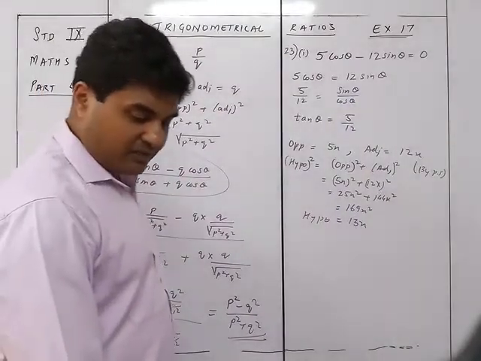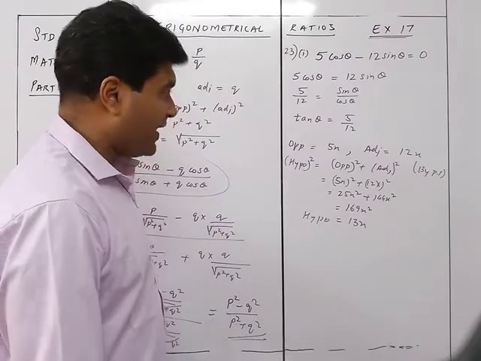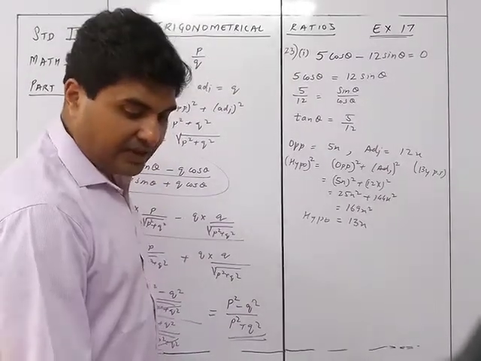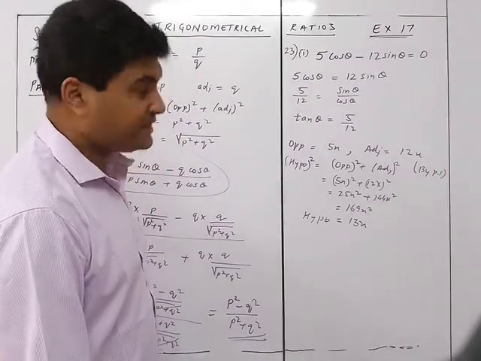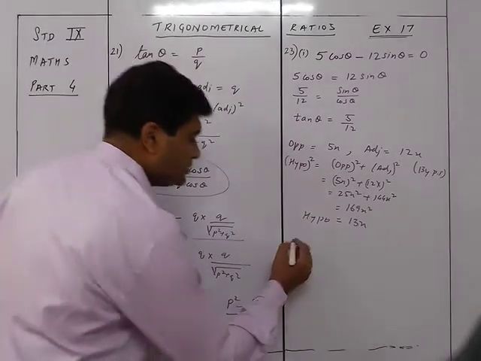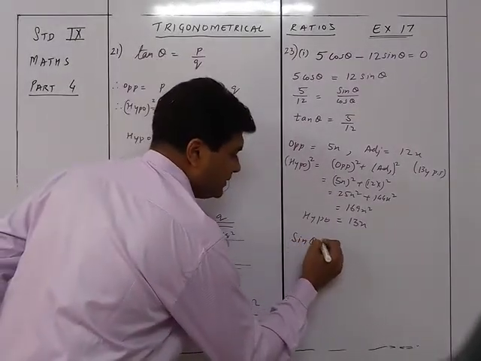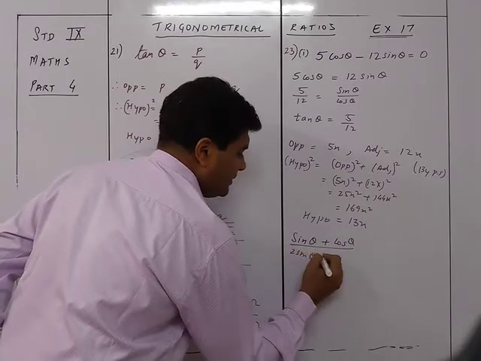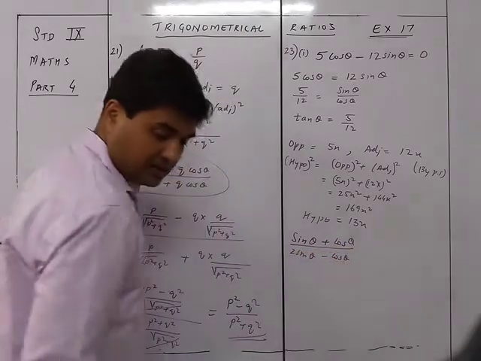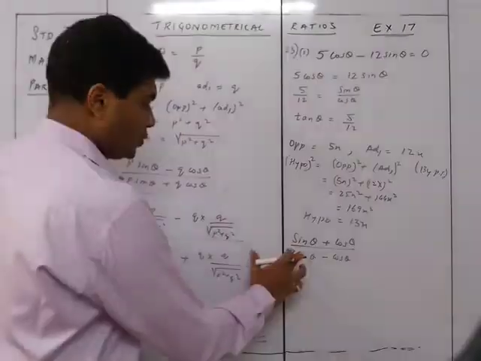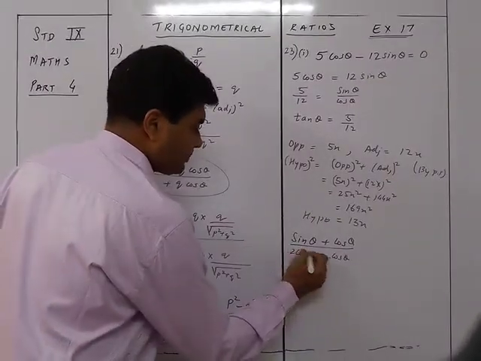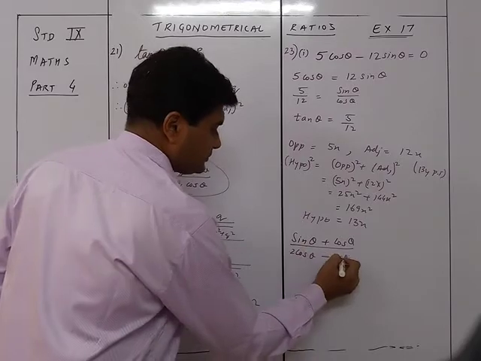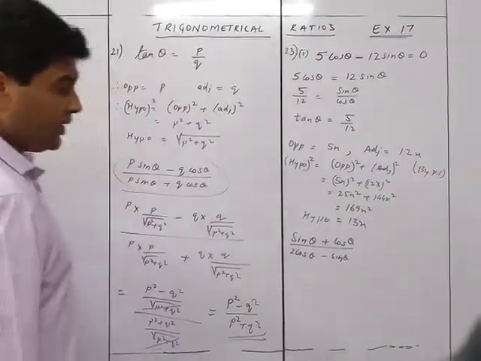Now I need to find out sin theta plus cos theta upon 2 cos theta minus sin theta. Sorry, 2 cos theta minus sin theta. This is what I need to find out.